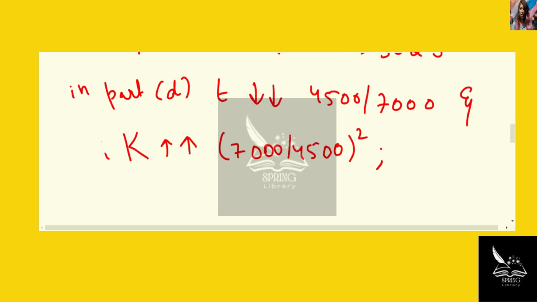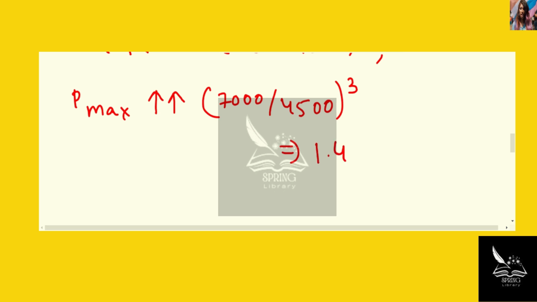Hence, what can we tell? The maximum power, that is P max, increases by a factor of 7000 upon 4500 the whole cube, and it becomes 1.41 into 10 raised to 5 watt. Understood how we did this?